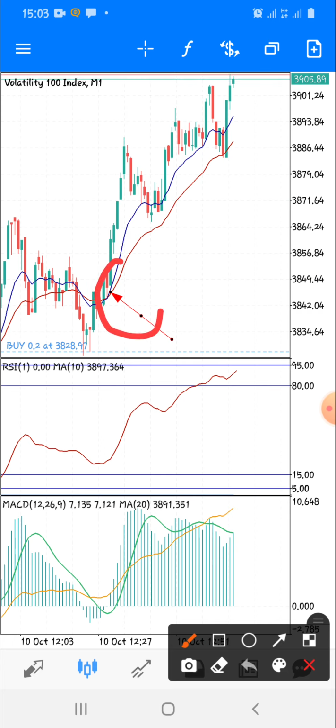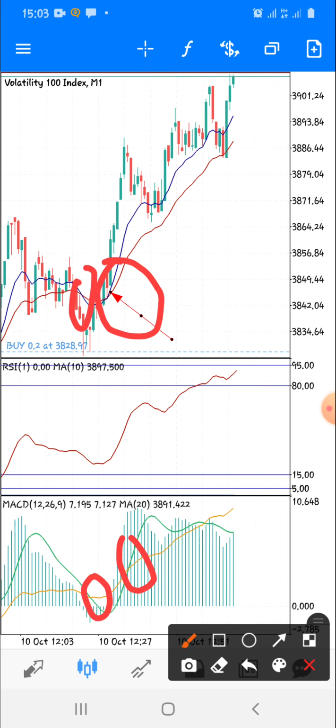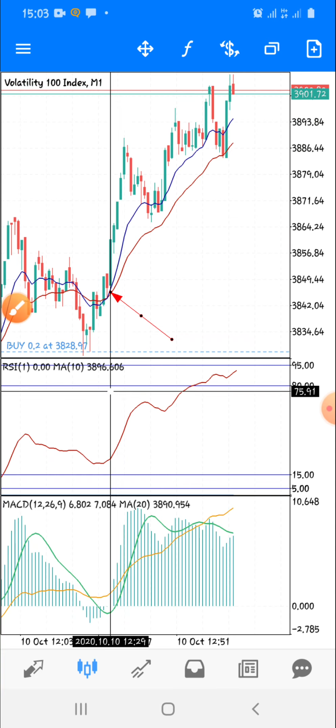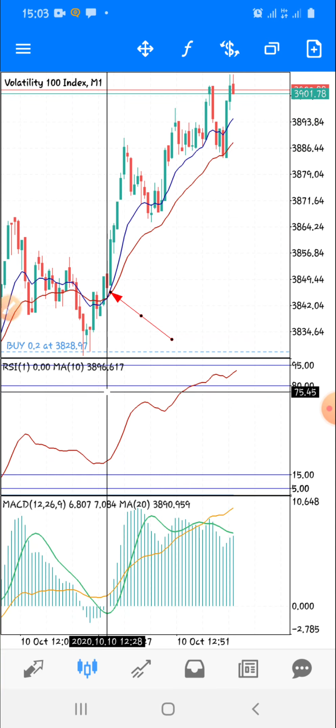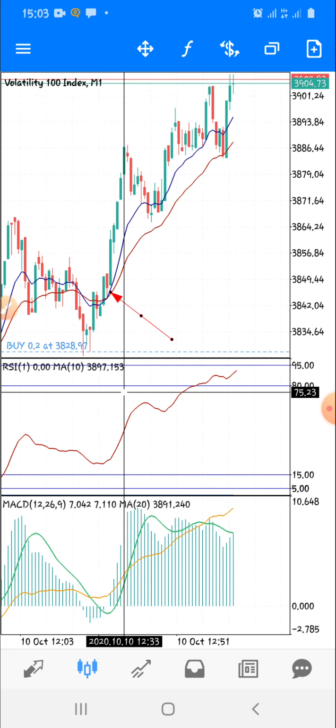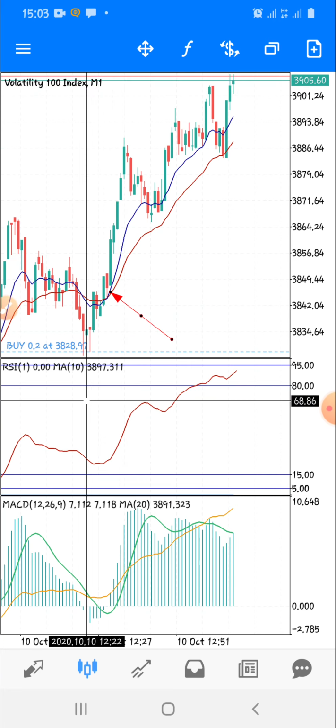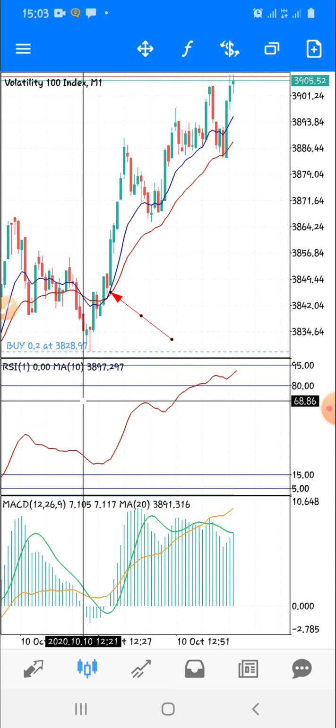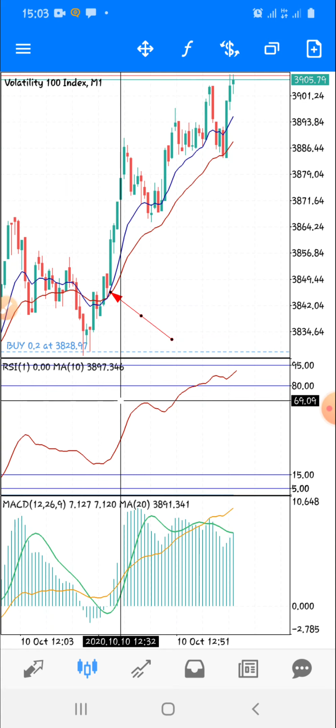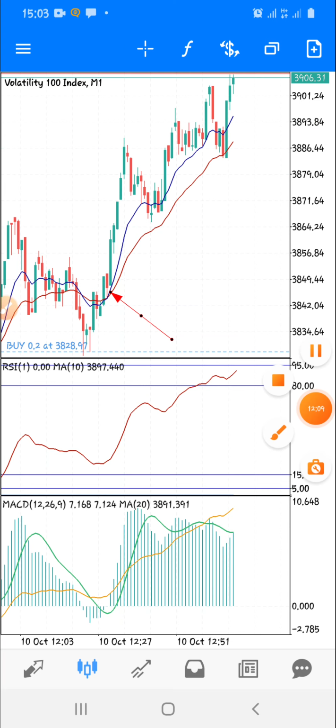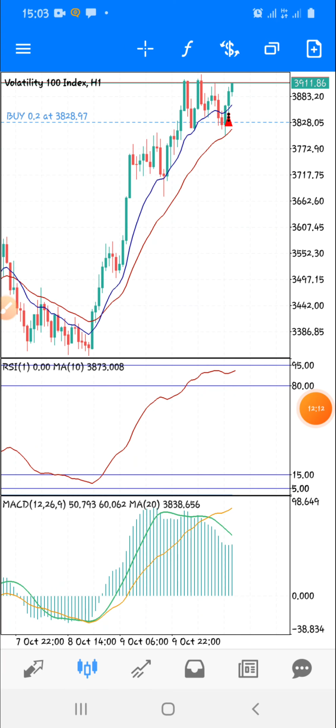They have crossed later than the MACD. The MACD line was the first to detect the movement of the market towards the other direction, which is the upward movement. You see, so the MACD line is okay.